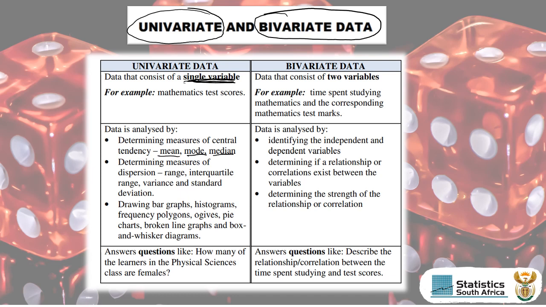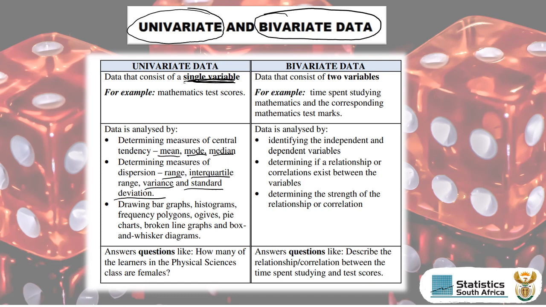And you also were made to determine the measures of dispersion, where you have to calculate the range, interquartile range, variance, and standard deviation, in order to see how spread out your data values are towards the mean.